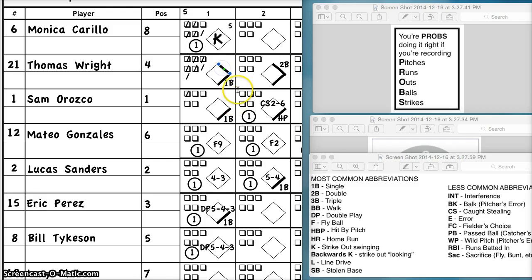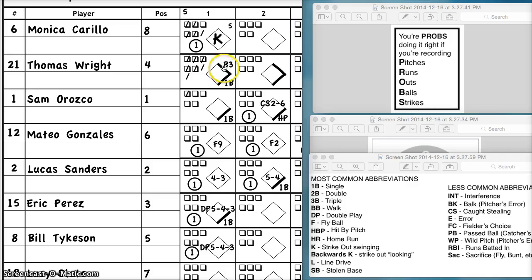So what we would do in that situation is fill in the line because Thomas got to second, and then right here we would write B3, which stands for batter 3, because Sam is the one who got Thomas there. Sam is the number 3 batter in our lineup. So B3 shows that batter 3 is how he got to second.